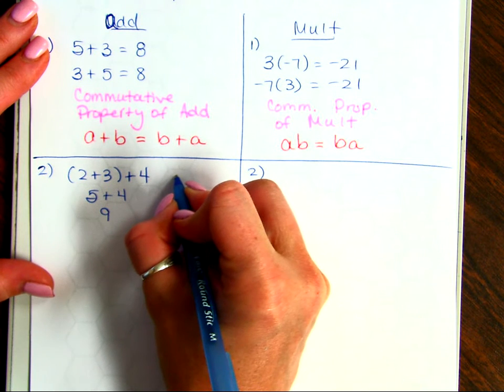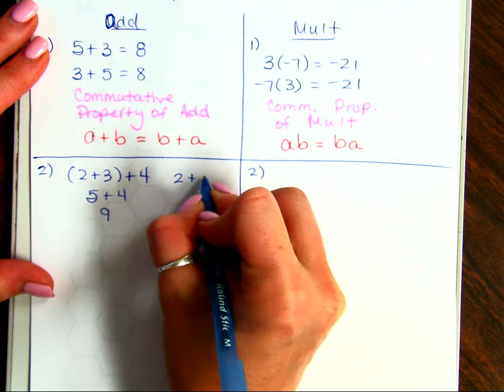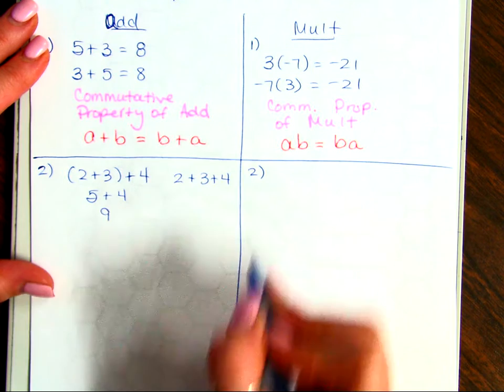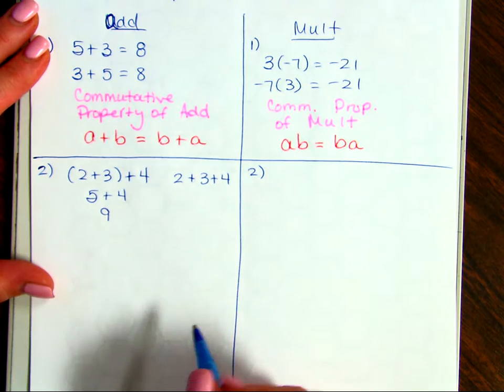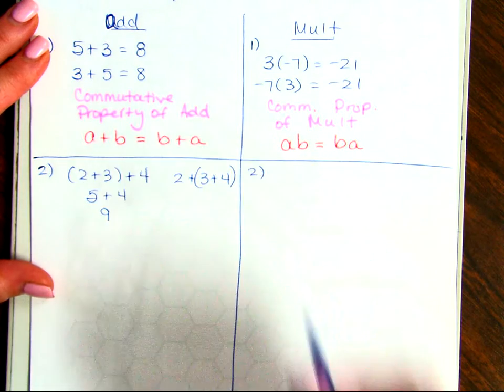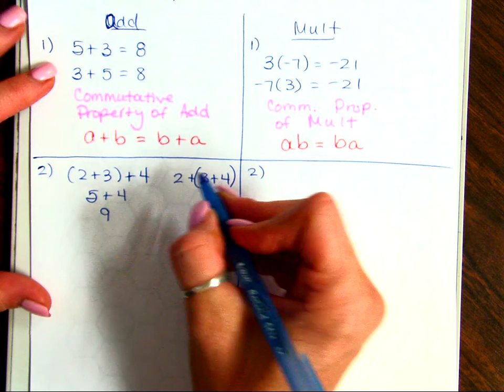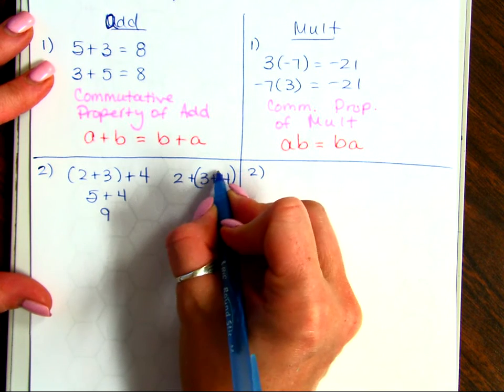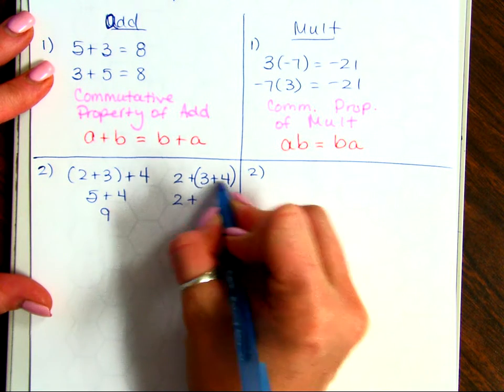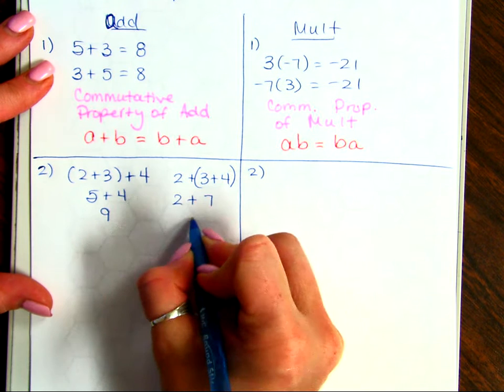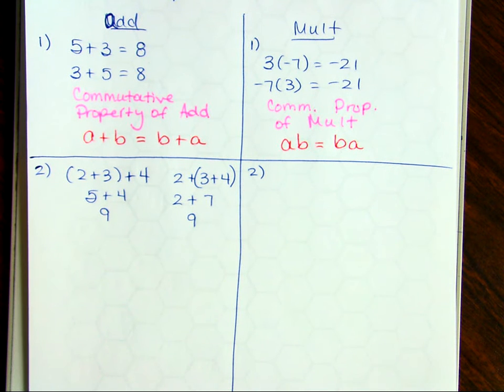Now, this next property says, okay, don't change the order, okay? 2, 3, 4, 2, 3, 4. This time, just change the grouping symbols. So instead of adding 2 plus 3 first, order of operations says I have to take that 2 and add it to this sum, but I still get the same answer, okay?